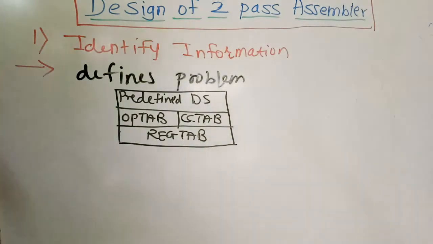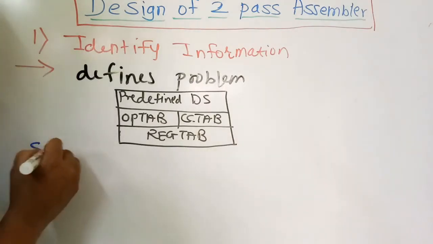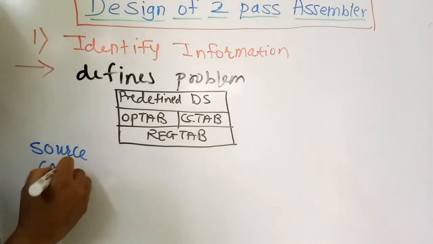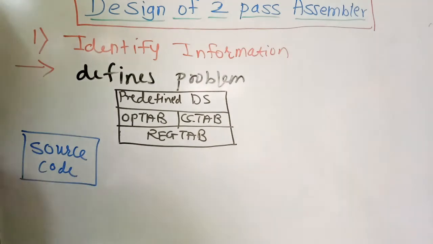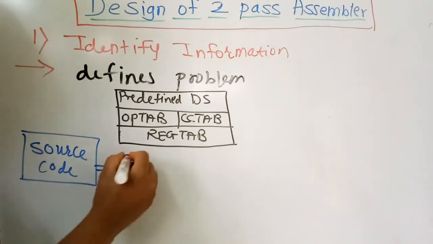But which are the tables we have to create during this assembly process? That is the symbol table, literal table, pool table and lots of such tables. So what does this step do? It takes the source code. Then this source code is passed to pass 1.